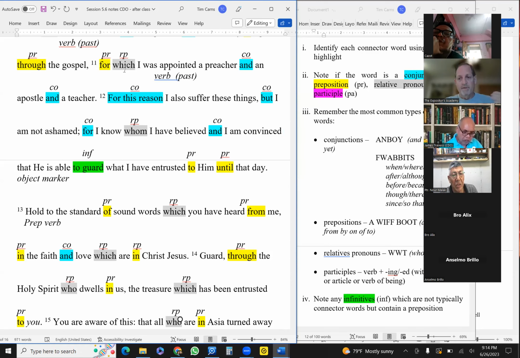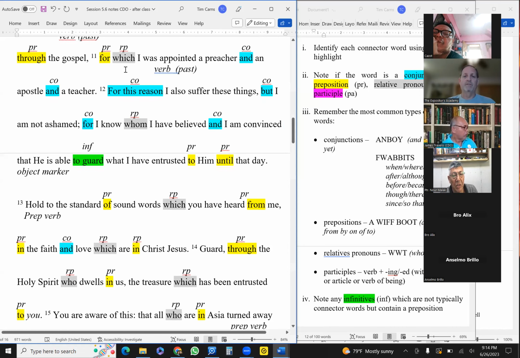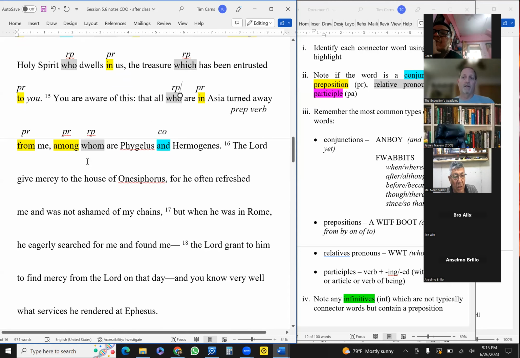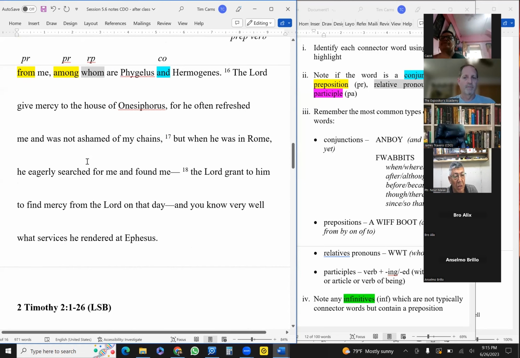So doing this step shows us where each phrase and clause is located in the passage. And then after that, we take each phrase and clause and put it under the word it modifies. So we're just in that second step. We're identifying the other phrases and clauses. The way we do that is looking for these connector words.